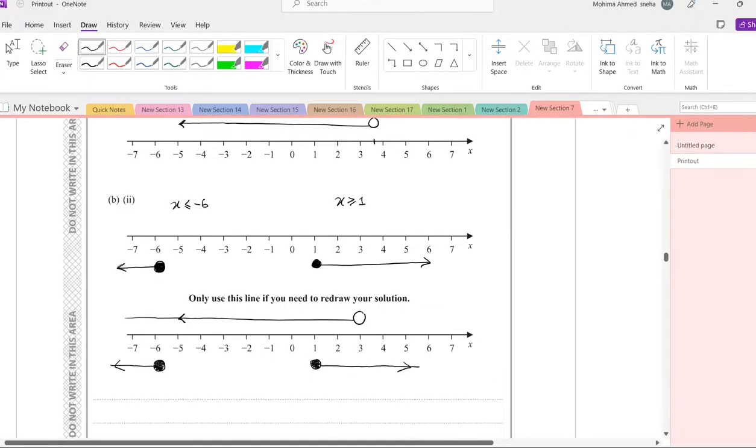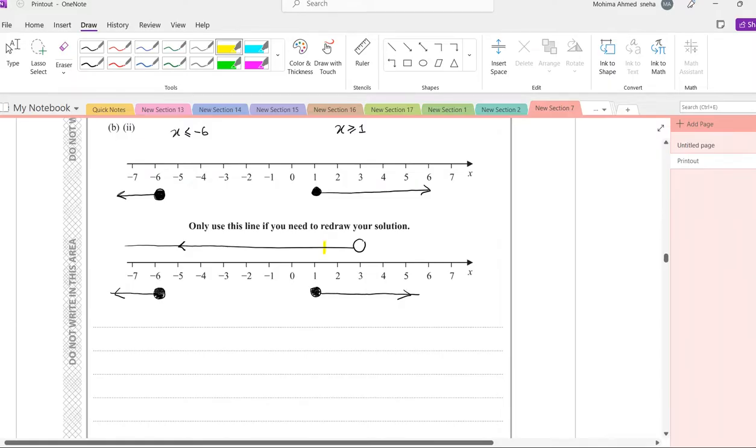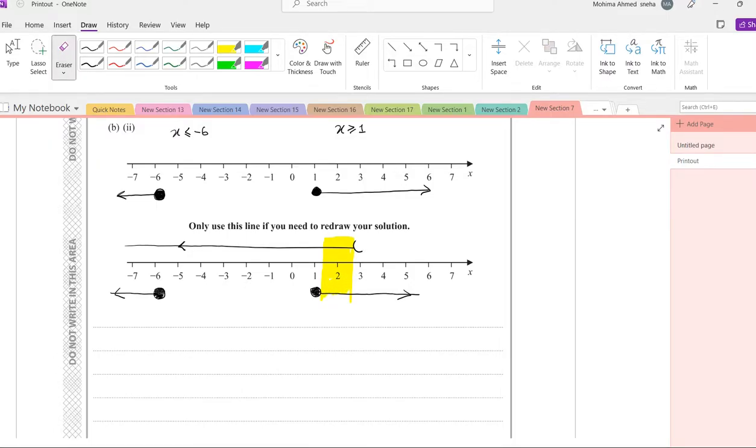Now if you highlight the regions that are common between both the inequalities, they are these regions. Right, between 1 and 3.5. Sorry, I have made a mistake. It should be on 3.5.